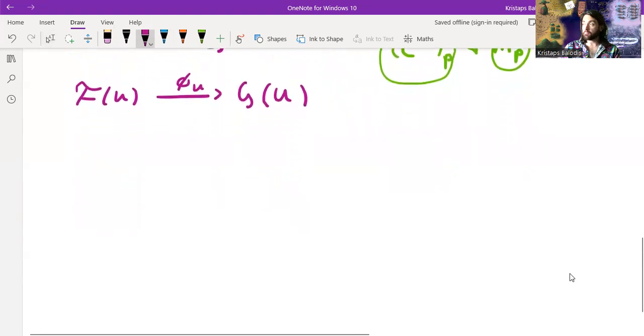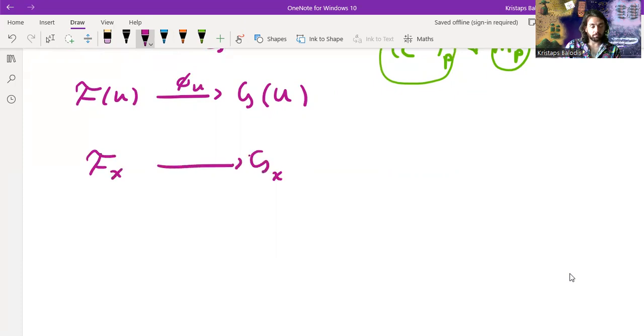And that means then that I should get a morphism of stalks, right? This should induce a morphism of stalks. Because here, what's an element of my stalk? It's going to be some equivalence class where I have f and U, and f is a section of F over U.